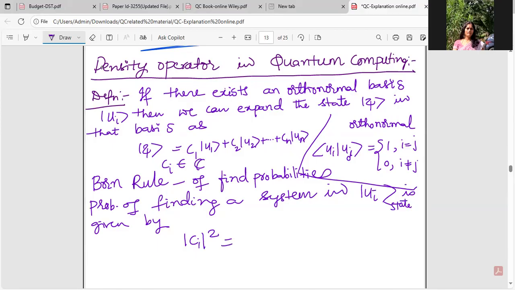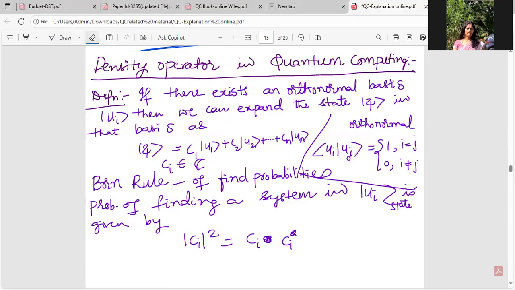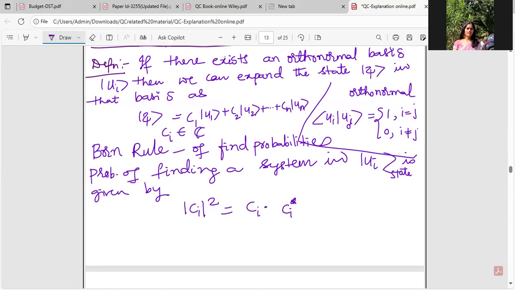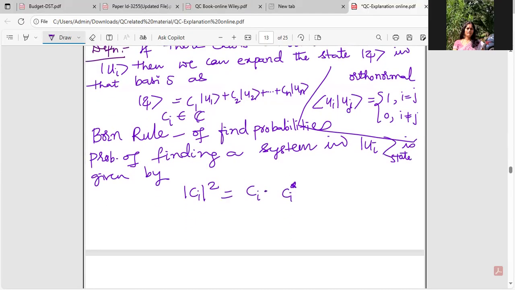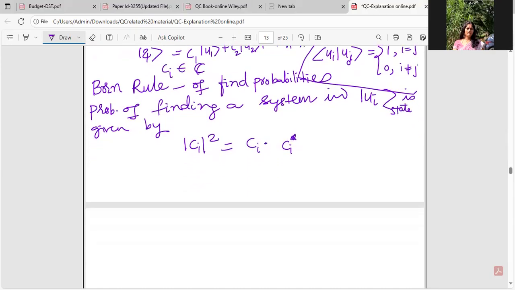Since ci is a complex number, it is nothing but ci into ci conjugate. This is an important thing before going to the projection. Of course, the density operator is nothing but projections, by the way.